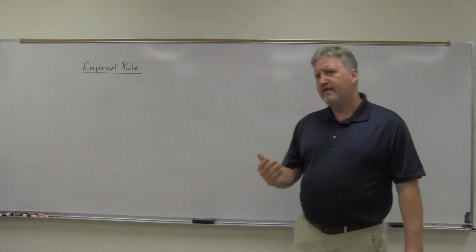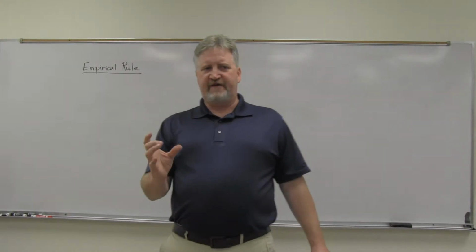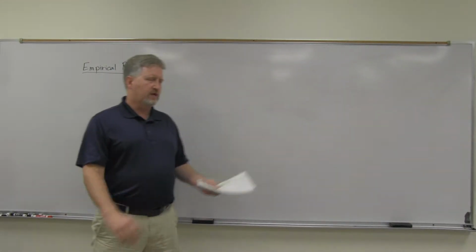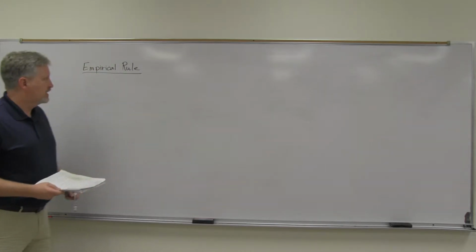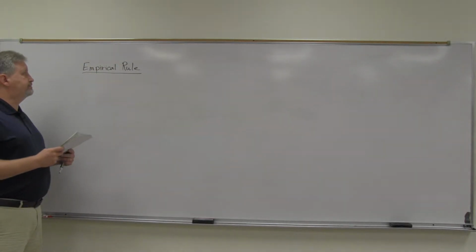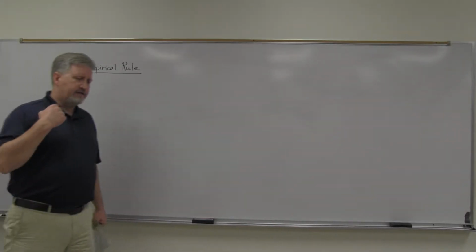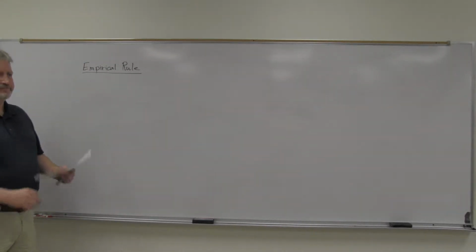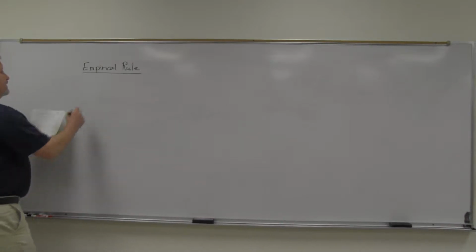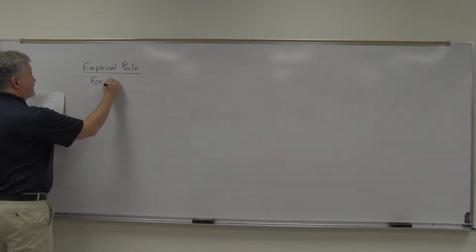So another way that we can figure out a percentage of values between values is what's known as the empirical rule. And there's 3 parts to it. And so here's what those are.